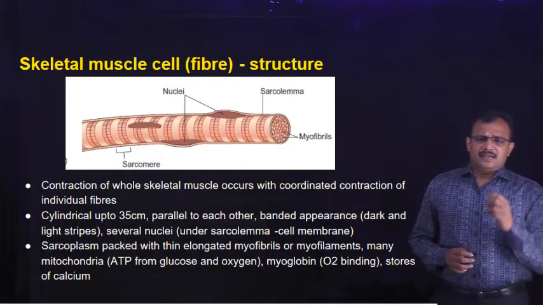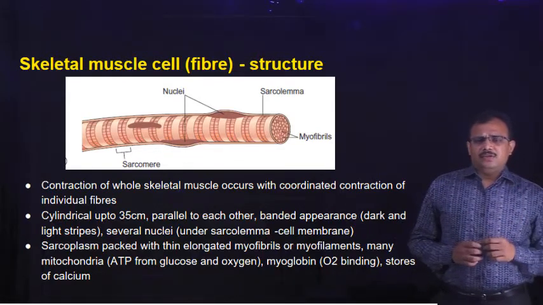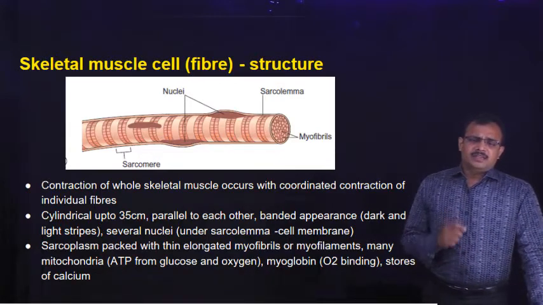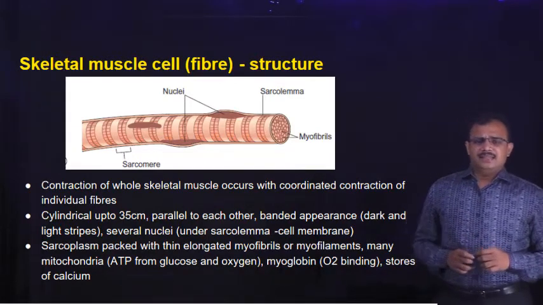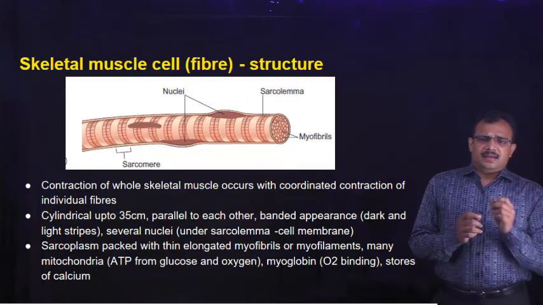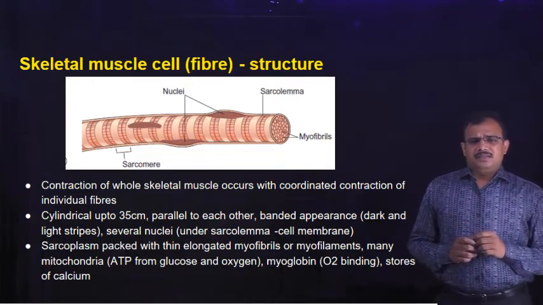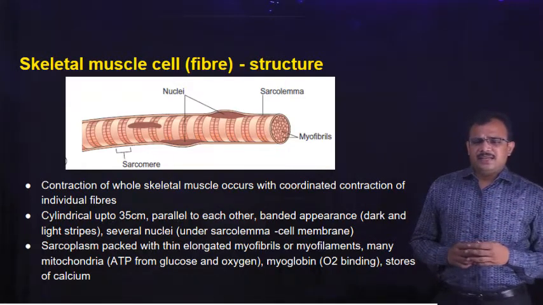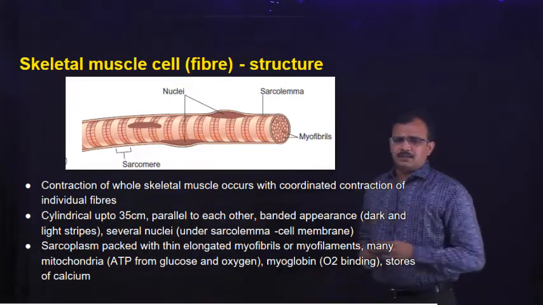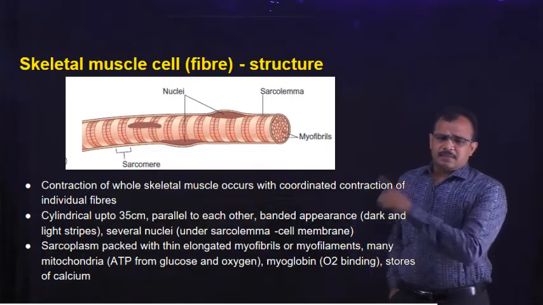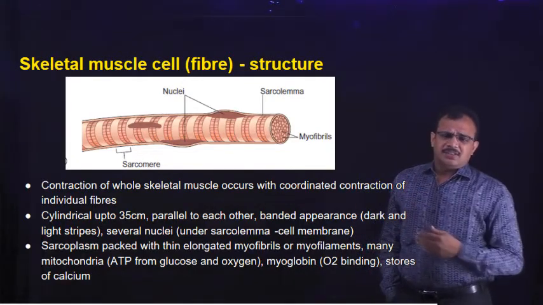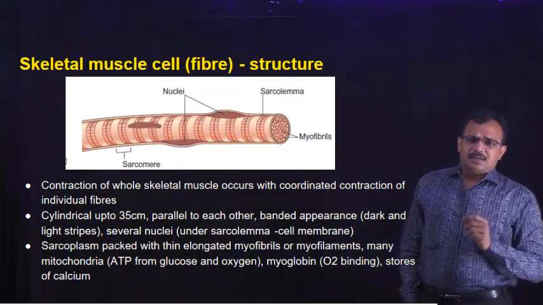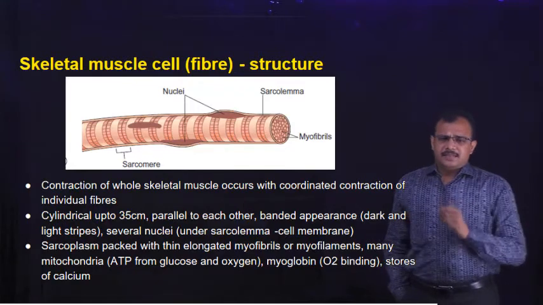They are cylindrical and grow up to 35 centimeters in length, and when observed under a microscope, these skeletal muscle cells give a banded appearance which consists of dark and light bands as observed in the diagram. So here the dark and light bands are alternately arranged, and this gives a characteristic striped appearance to the skeletal muscle.